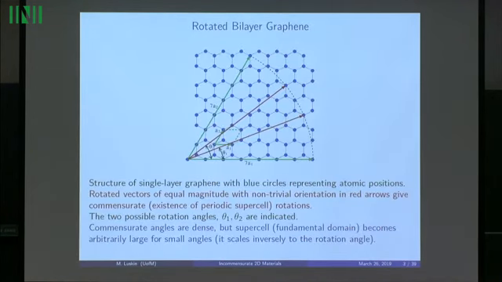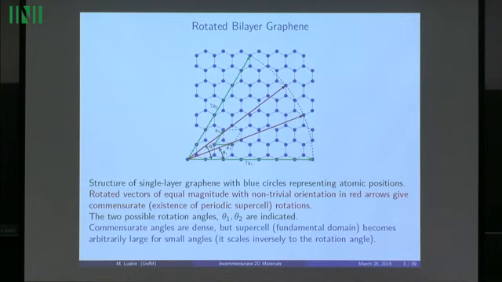We've seen this figure before. It's a nice explanation of what angles have supercells and how large the supercells are. The blue atoms you can think of as the bottom layer of graphene, and then you ask, as you have a top layer of graphene and you twist it, what angles give you a periodic structure?